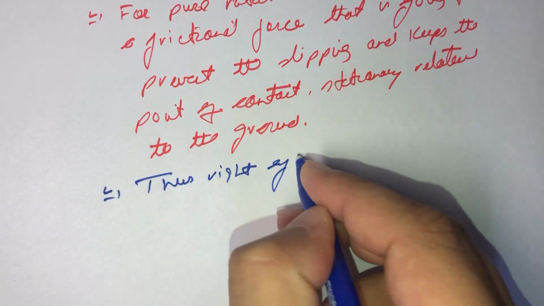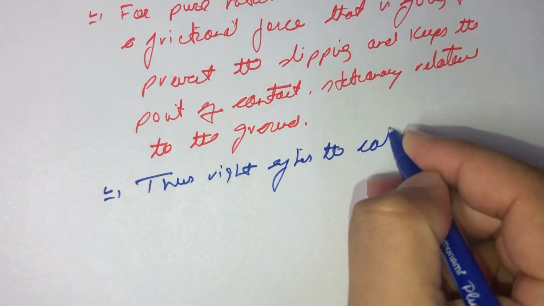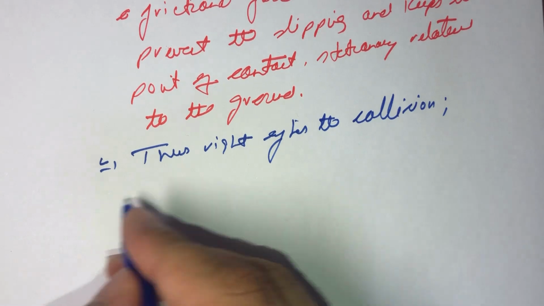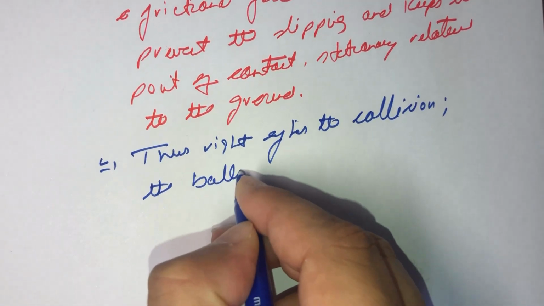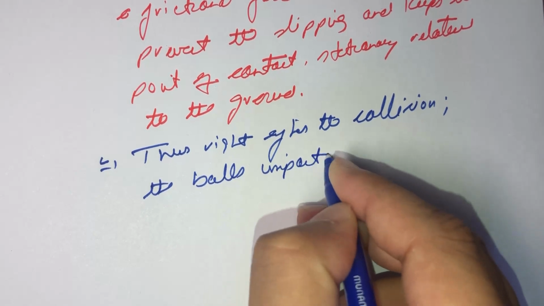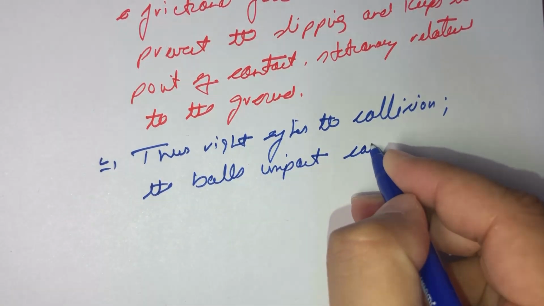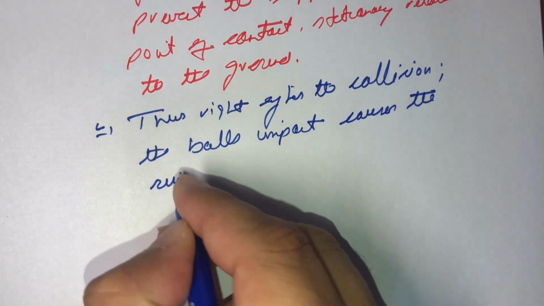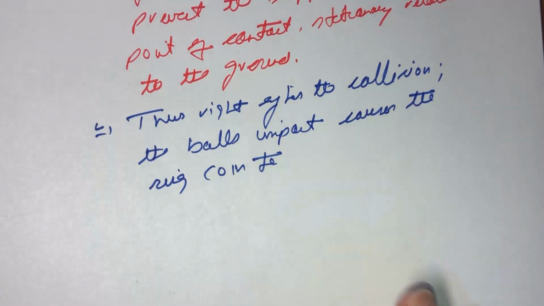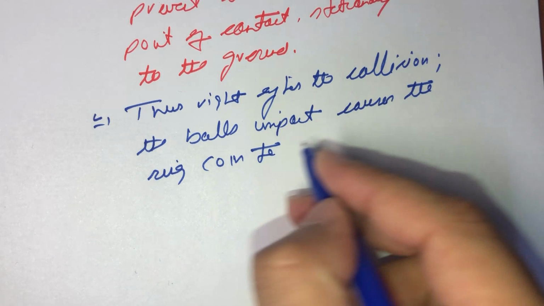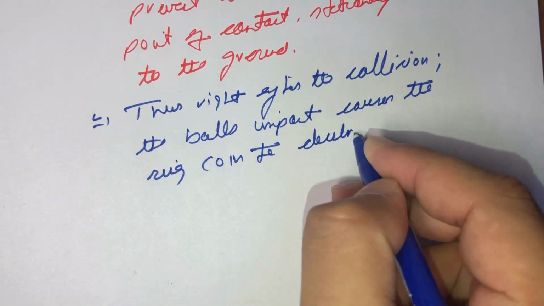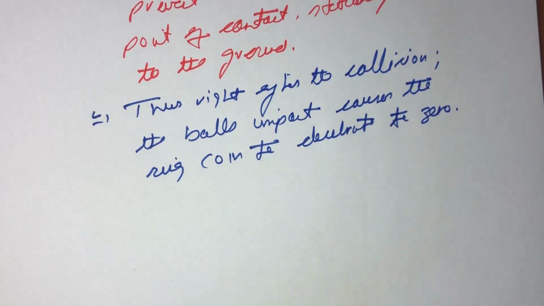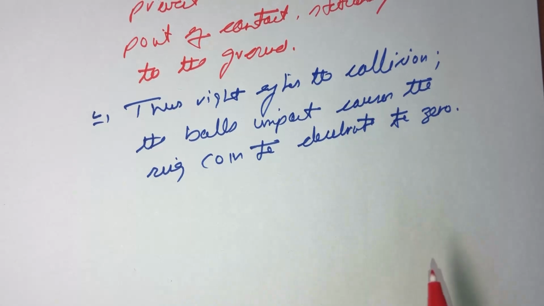Right after the collision, the ball's impact causes the ring's center of mass to decelerate to zero, and also induces a clockwise angular velocity.